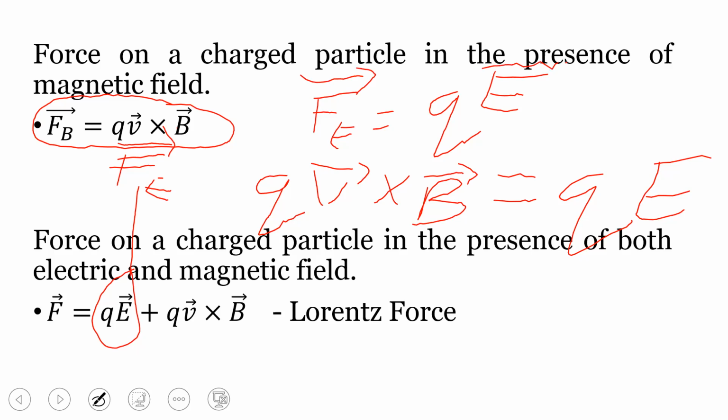So these are also vectors. From this expression, it's easy for us to say we are dividing both sides by q, right? And we'll be left with v cross B equal to E, that is the cross product of velocity and the magnetic field strength will give us the electric field strength.